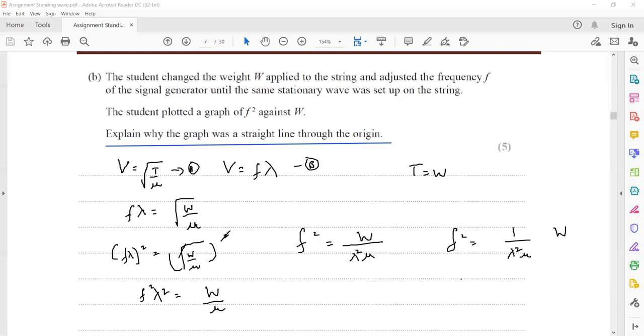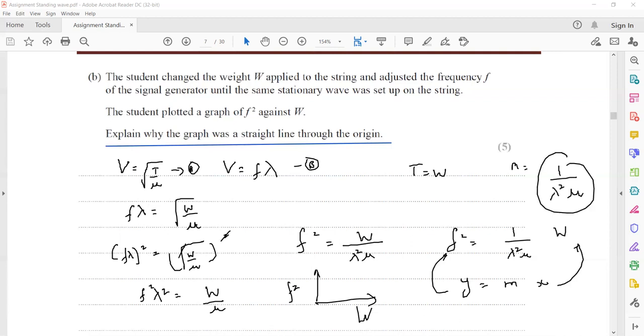When we compare with the equation of a straight line y equals mx, on the y-axis we have frequency squared, and on the x-axis we have weight. So when we have weight on the x-axis, what will be the gradient? The gradient will be equal to 1 divided by lambda square and mu. Lambda is constant, mu is constant, so the gradient will be constant.